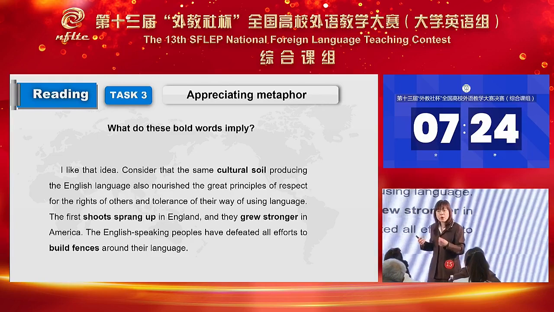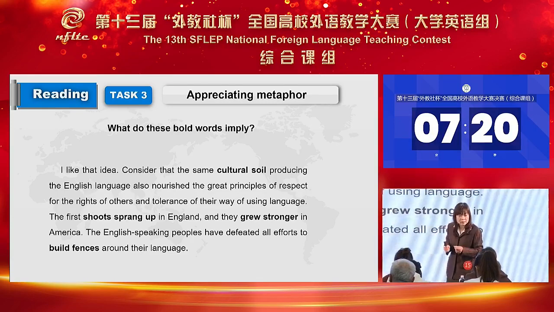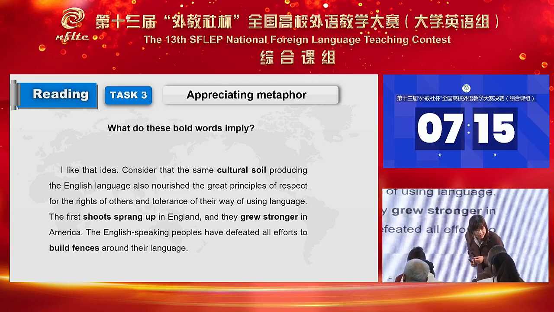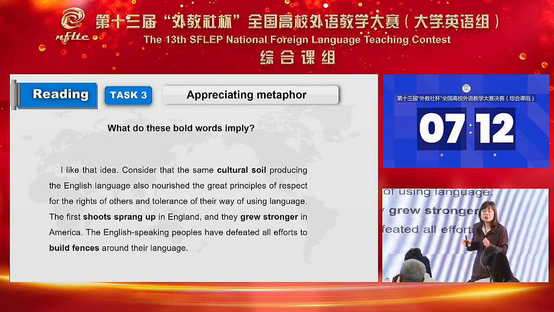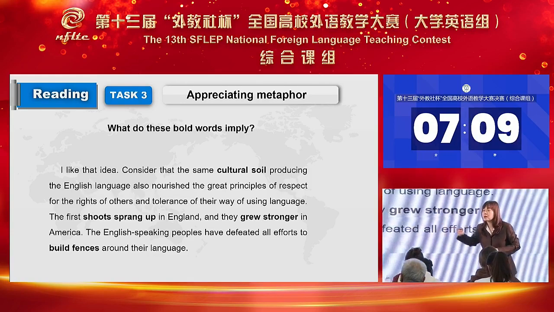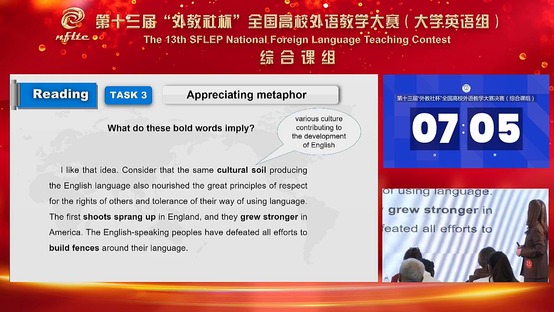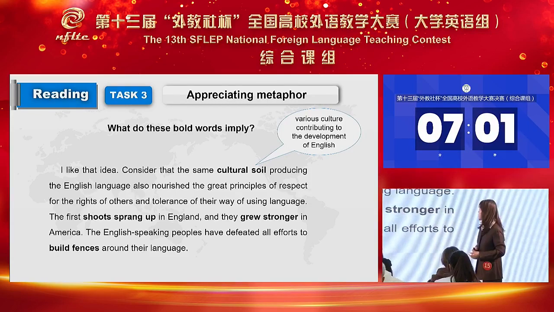But since the author is talking about the language development, do you think the author really wants to talk about a garden? Really? Talking about a garden? No, right. So the author compares the images of a garden to something else. Soil, in fact, refers to the various cultures contributing to the development of English.